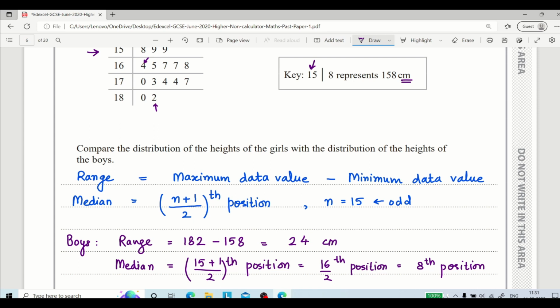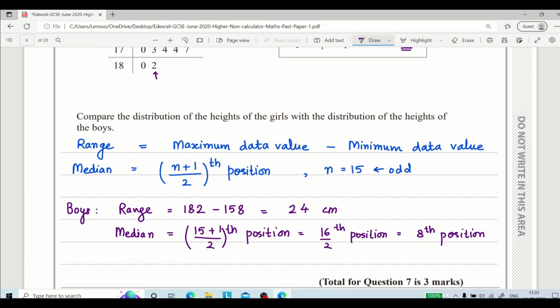That is 1, 2, 3, 4, 5, 6, 7, 8th. So that is going to be 168, right? Because these are already in ascending order. So that is going to be 168. I'll write this down here. What? Centimeters.